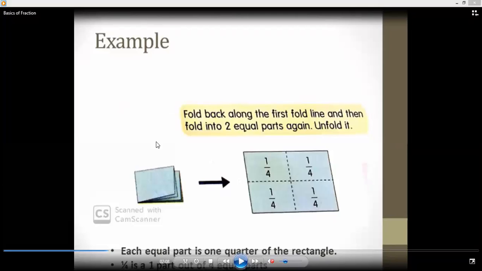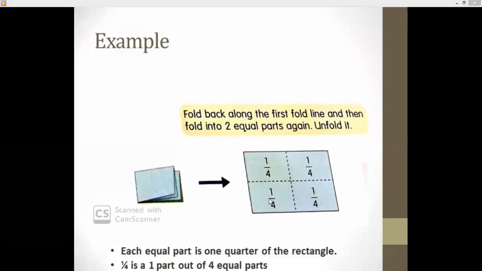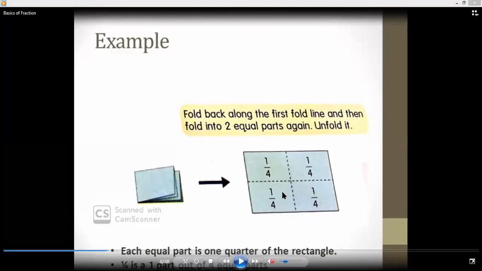First I fold it vertically, then I fold it horizontally. After some time when I unfold it, I see now again the piece of paper is divided into four equal parts. One, two, three, four. And every part is a quarter of a whole.